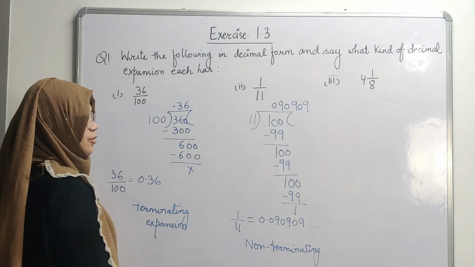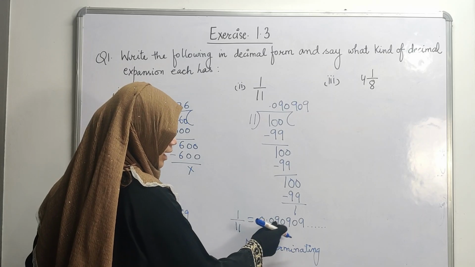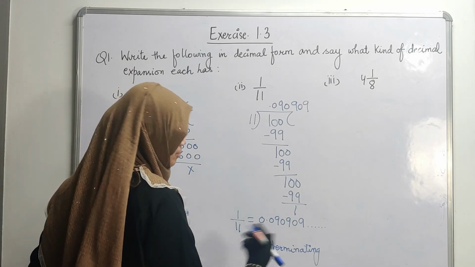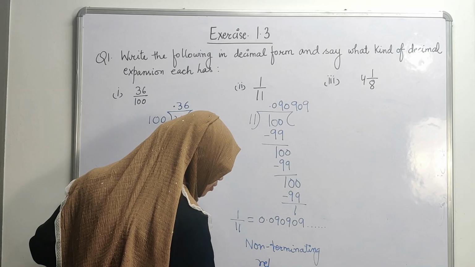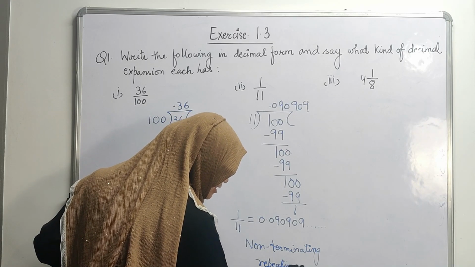Whether it is repeating or not, yes, clearly you can see that 090909 is repeating. So you write non-terminating repeating decimal expansion.